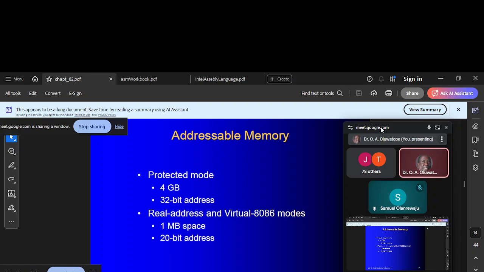So, as at 1991, 1992, the maximum memory space you can find on some very old computers known as XT, AT, is 1 megabyte of space. And then you can imagine how we managed to run computers then. I remember I wrote my final year project on a computer that was operating on a maximum of 1 meg.